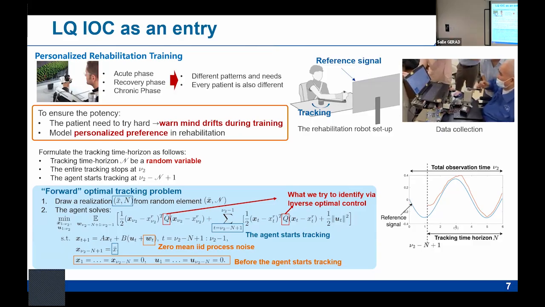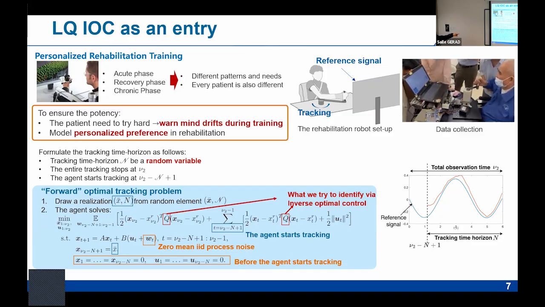So we model that as follows: before the agent starts tracking, the control effort and X are 0, and then zero-mean IID noise is added to this transition kernel. Namely, your hands are shaking a little bit. The entire forward optimal control problem is formulated like that.